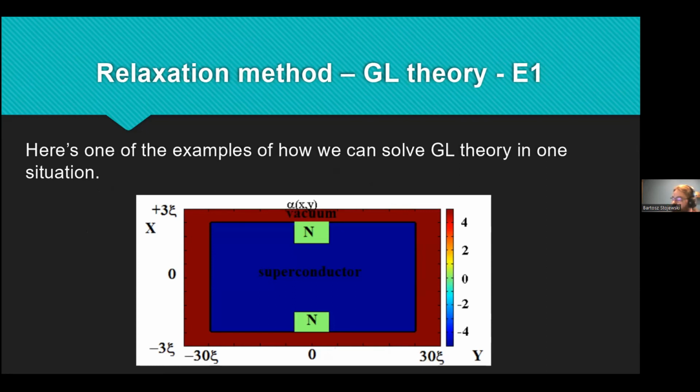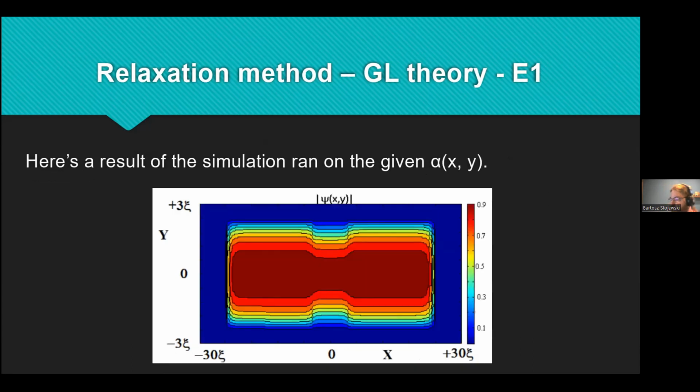We can also consider placement of a less superconducting bar on a more superconducting bar, with a more negative alpha coefficient. Such a structure is shown in the image below. This is our alpha field for solving the Ginzburg-Landau equation. And here's the result of the simulation run on the given alpha field.